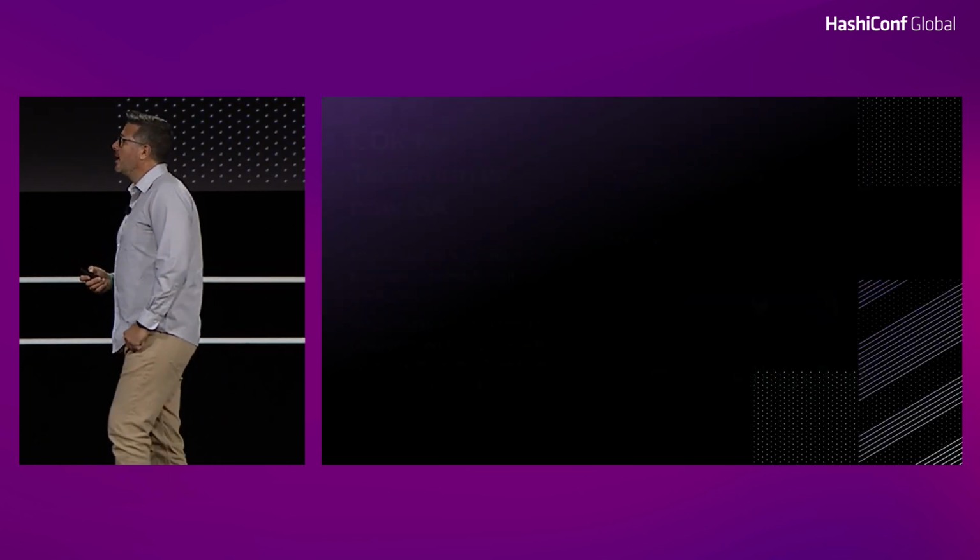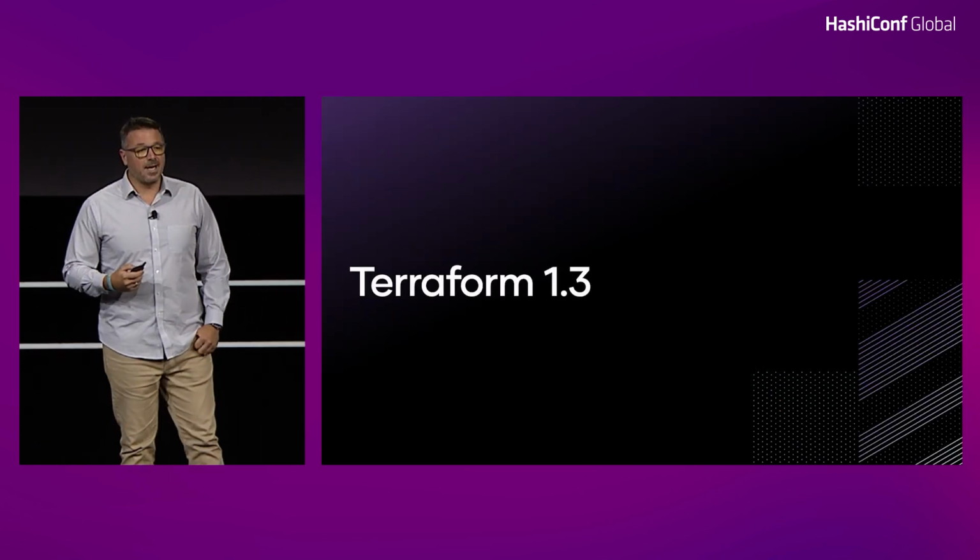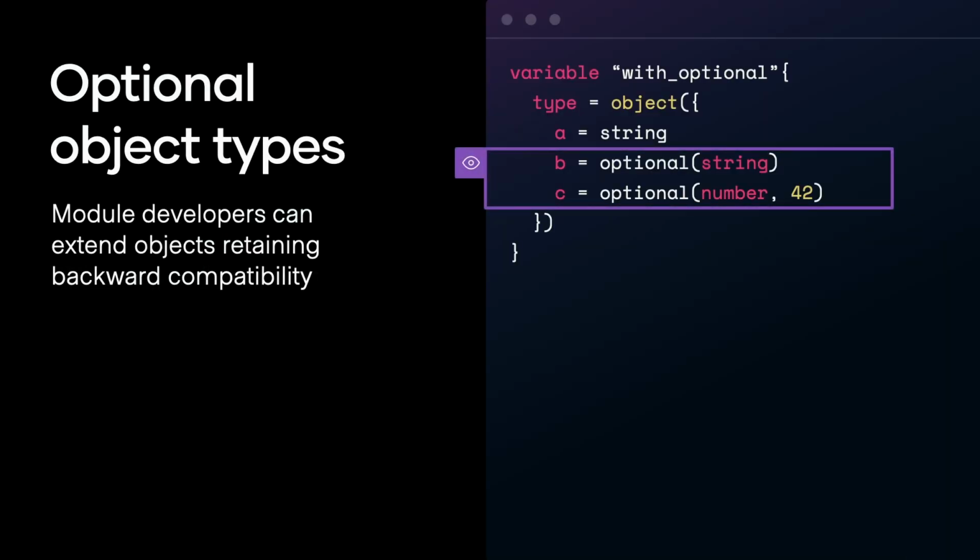Also recently, we released Terraform 1.3. And there's two components there that are worth mentioning. The first one being optional object types. This is really important for module developers who want to extend and iterate on those modules without breaking backward compatibility.